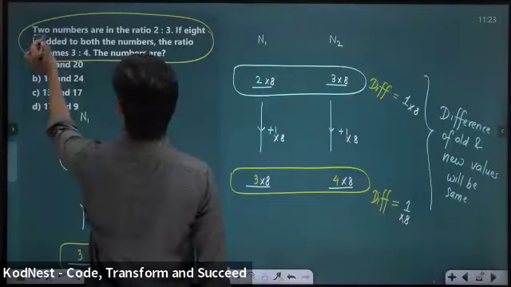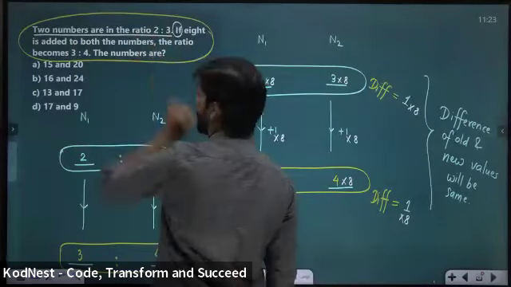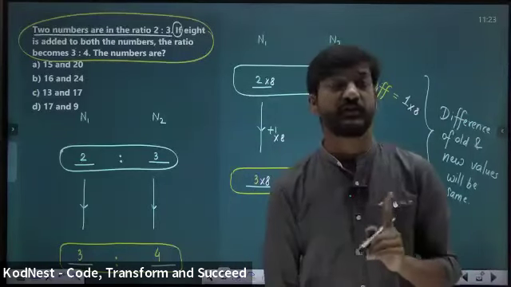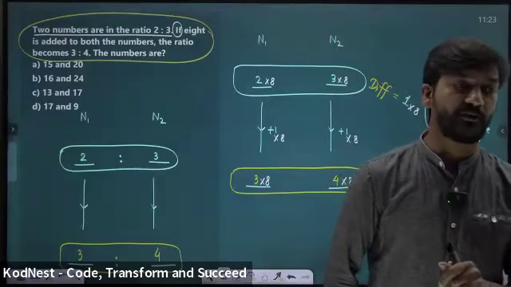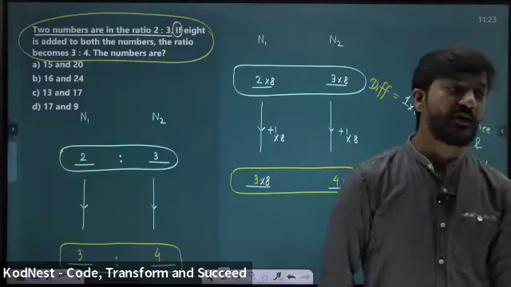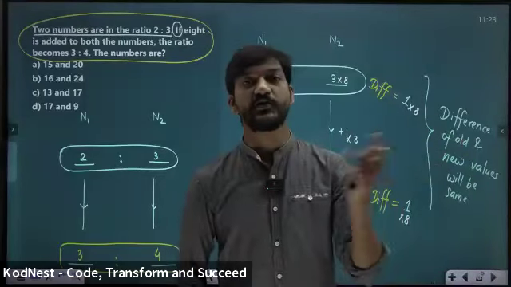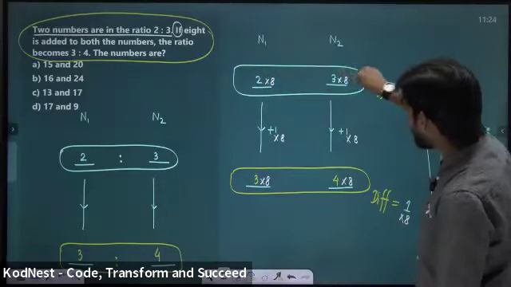The numbers are in the ratio 2:3. After that, they are saying if. What is the meaning of if? Reality or imagination? If this happens, if this happens: imagination, assumption. So this is reality.